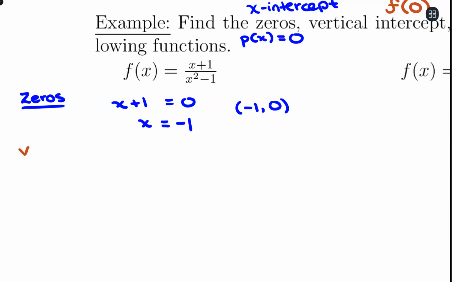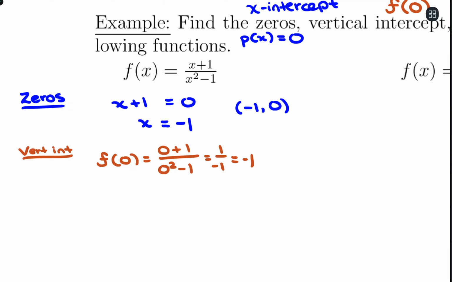The vertical intercept, or the y-intercept as it's also known, is where we plug in 0. So we're looking at f of 0, which is 0 plus 1 over 0 squared minus 1. So we're having a 1 over negative 1, which is negative 1. So we have a vertical intercept where x is 0, y is negative 1.